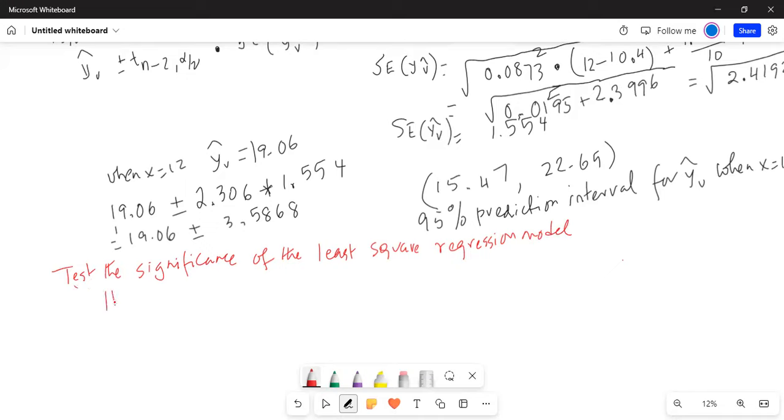So for us, the null hypothesis is beta is equal to 0. That means no relationship, or I should change it, not relationship, just relation: no linear correlation between X and Y in the population.